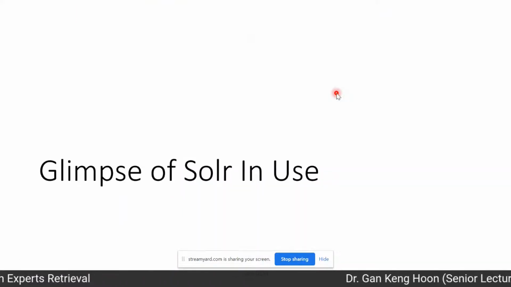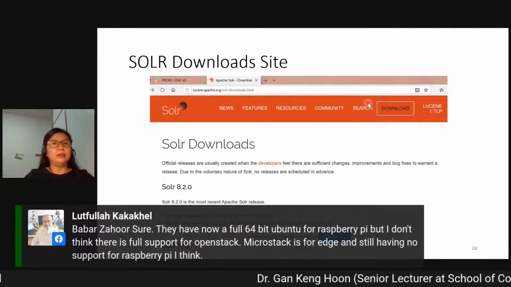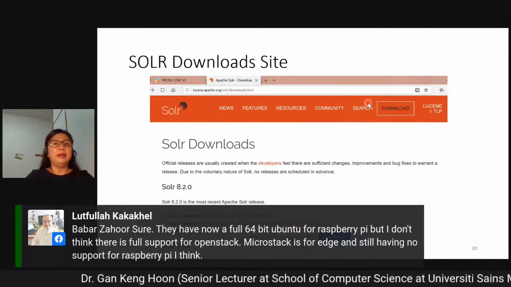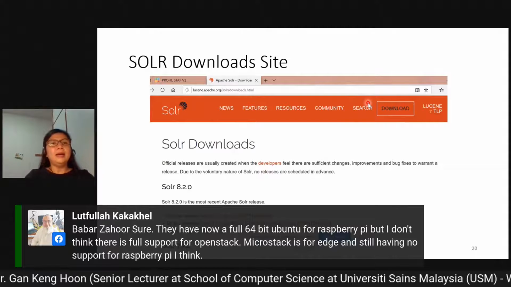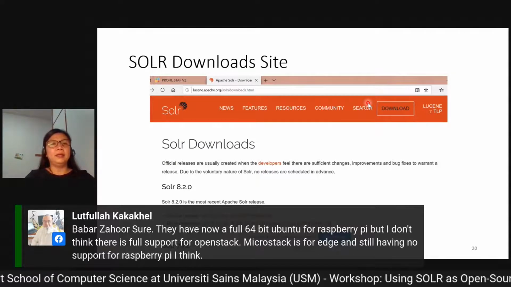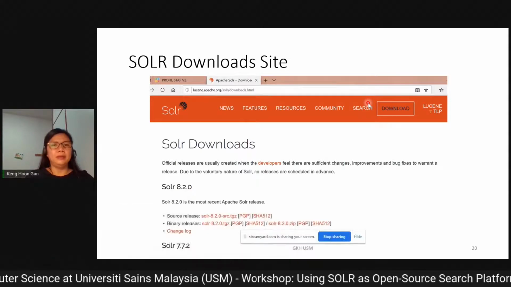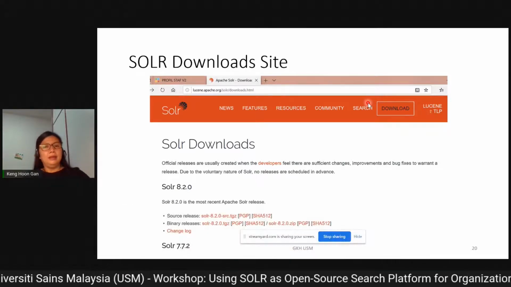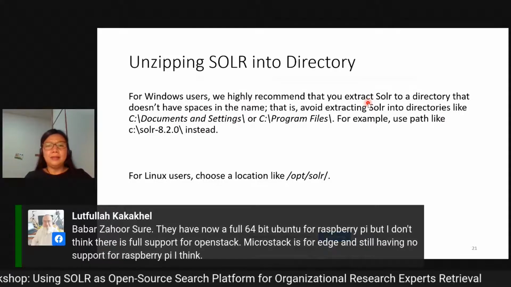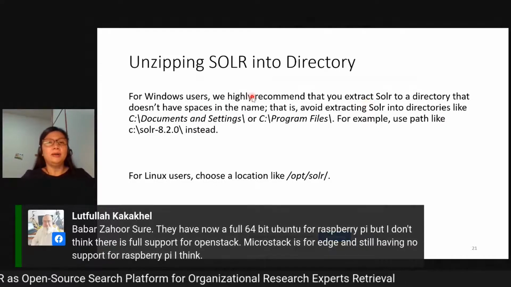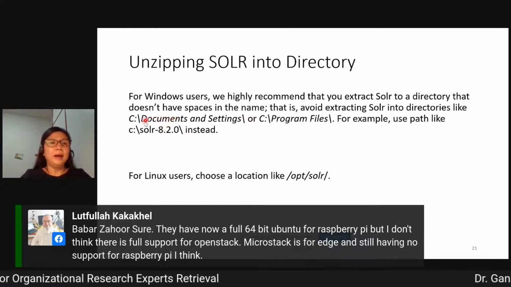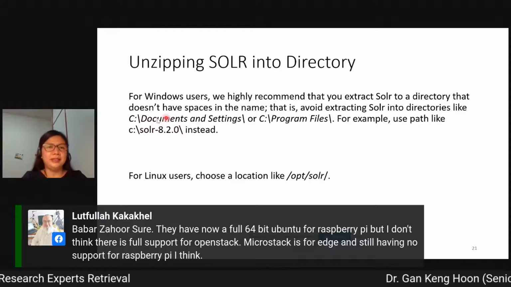So let's take a quick look at a glimpse of SOLR in practice, how to use SOLR in a practical way. There's a download site that you can go to, this Lucene Apache SOLR site, to do the download. Then assume that you have downloaded it and unzipped it to your directory, let's say to a path based on your SOLR version like this.